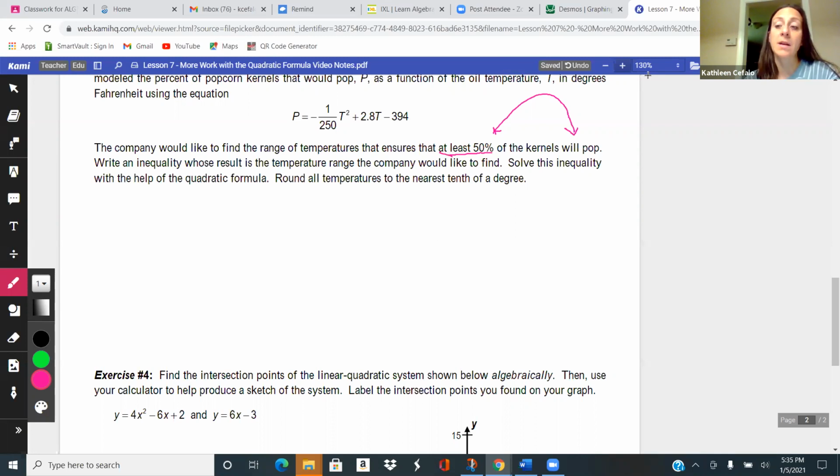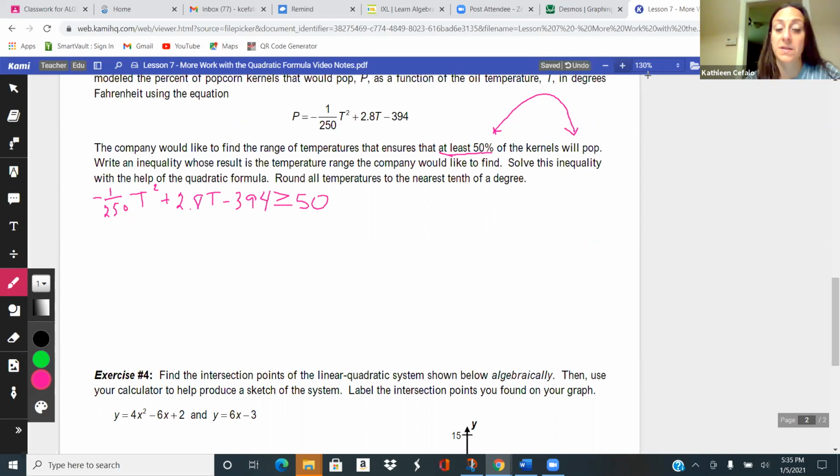It could be more than that, but it has to actually hit at least 50%. So that gets me started with our equation: -1/250 t squared plus 2.8t minus 394 has to be greater than or equal to 50.